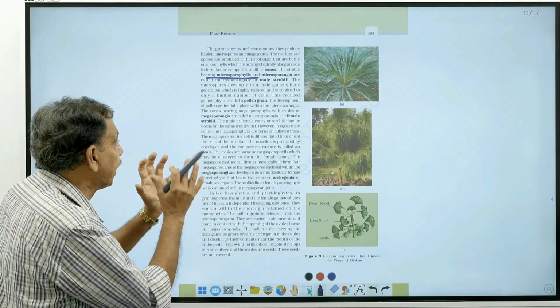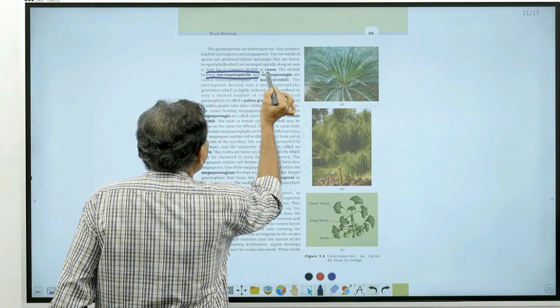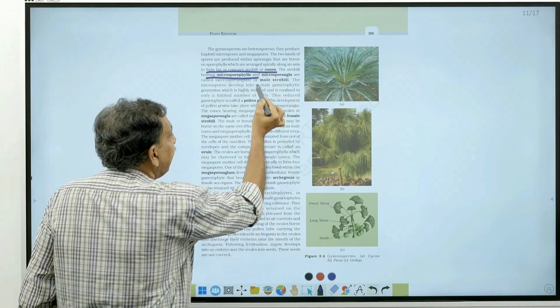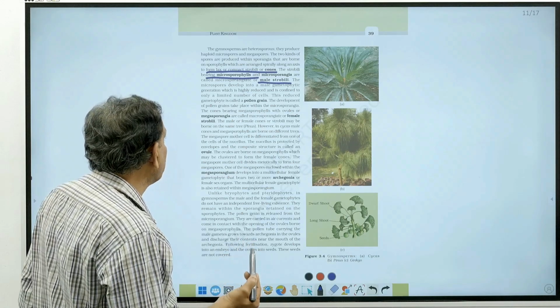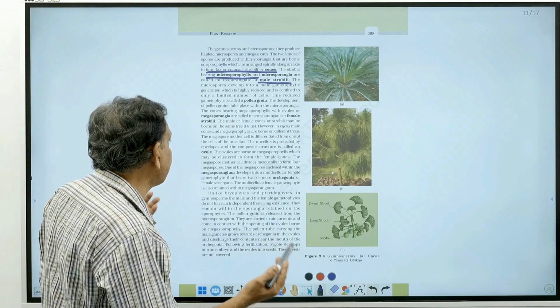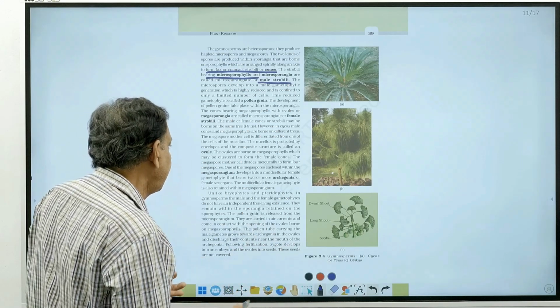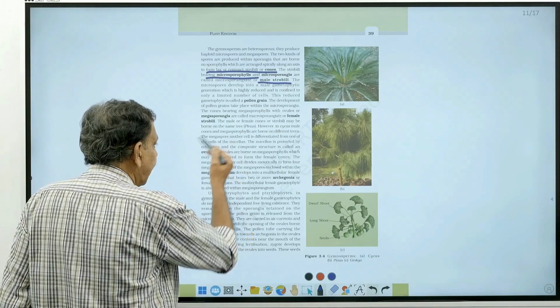They are compactly arranged to form male strobili or cones. Similarly, the megasporophylls are bearing megasporangium. They may have a female cone, either may be compact.